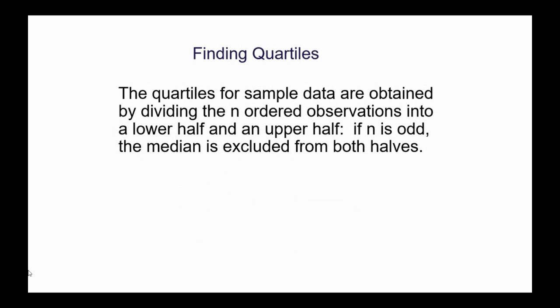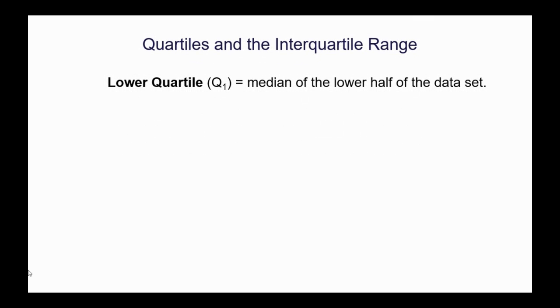Okay, so finding quartiles. Finding the quartiles for sample data, you do that by dividing the ordered observations into a lower half and an upper half. If you have an odd number of observations, the median of the whole data set is excluded from both halves. You don't say, oh, I'm going to put it with the top half. No, you just leave it out. So the lower quartile, which is Q sub 1, is the median of the lower half of the data set.